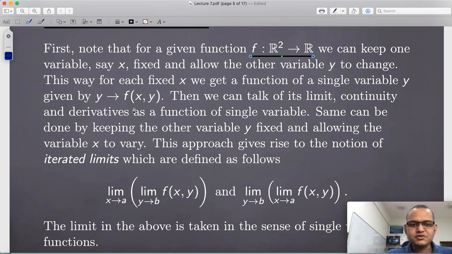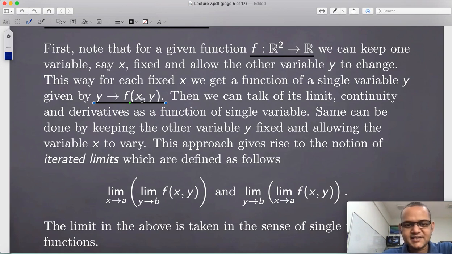For example, if I allow my y to vary, that means for each fixed x, I'm looking at this function. So x is fixed, x equal to 1 you fix, or x equal to 100 you fix, and then look at the function y going to f of 100 comma y. This will give you a function of a single variable.